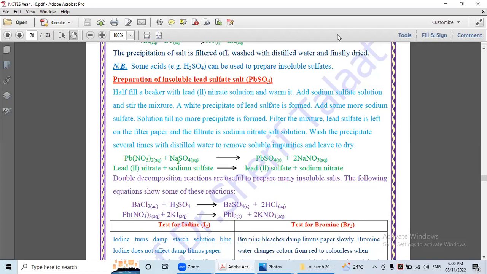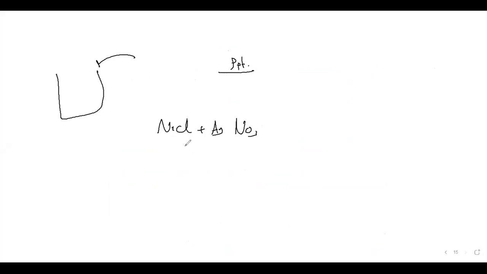In preparing insoluble salts, by precipitation methods, we must mix two soluble salts together. For example, sodium chloride reacting with silver nitrate, both of them aqueous, reacting together to produce sodium nitrate and silver chloride solid.